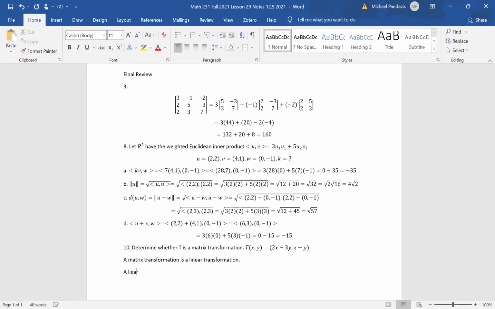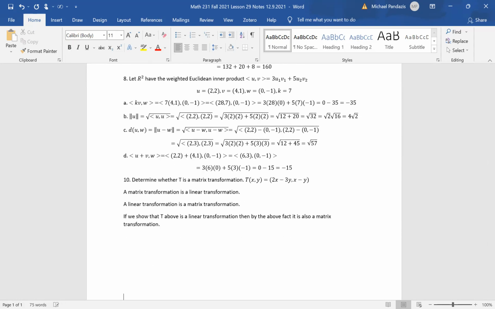And a linear transformation is a matrix transformation. So if we show that T above is a linear transformation, then by the above fact, it is also a matrix transformation.